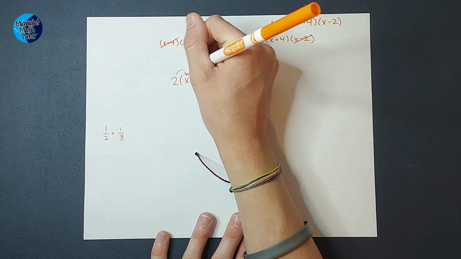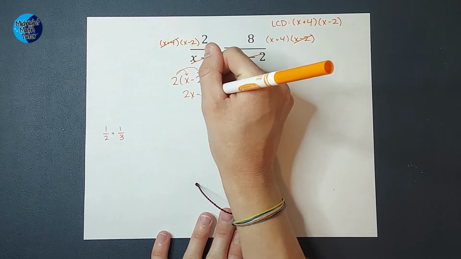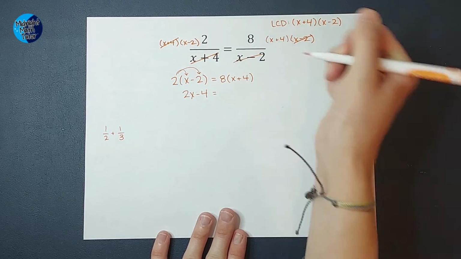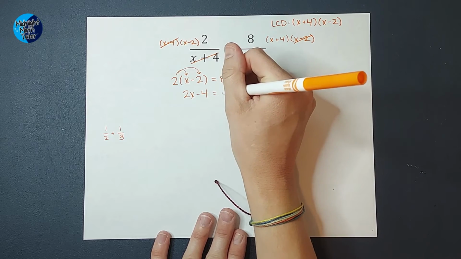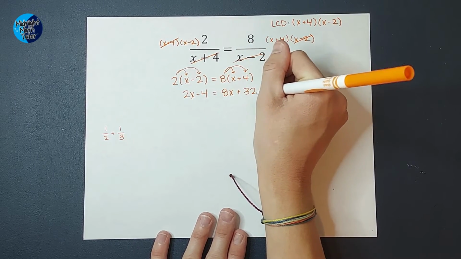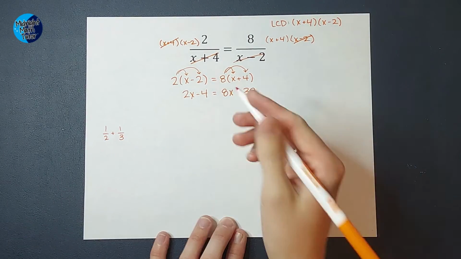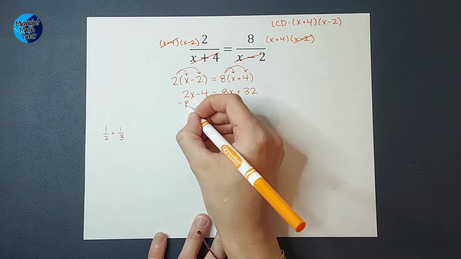I'm going to distribute. So I get 2x minus 4 equals, I'm going to distribute on this side. So I get 8x plus 32. Okay. Then I want all my x's together. So I'm going to subtract 8x from both sides.